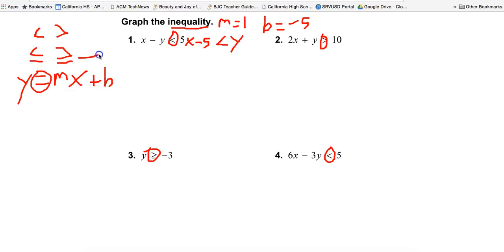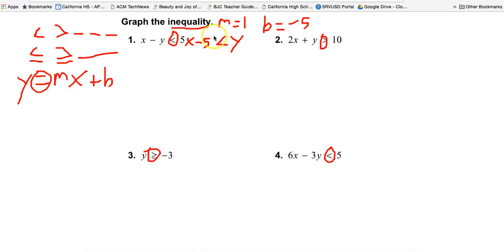So when we have an "or equal to" here, that means we draw a solid line, and that line is part of our solution set. When we do not have an "or equal to," we draw a dashed line. So let's go ahead and look at this.